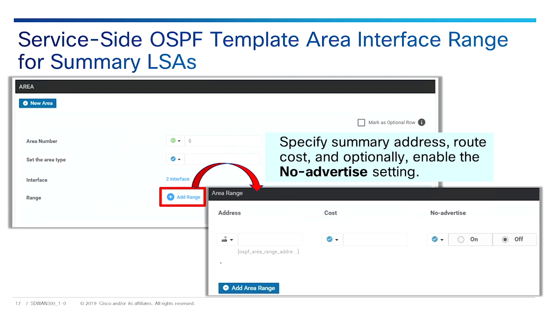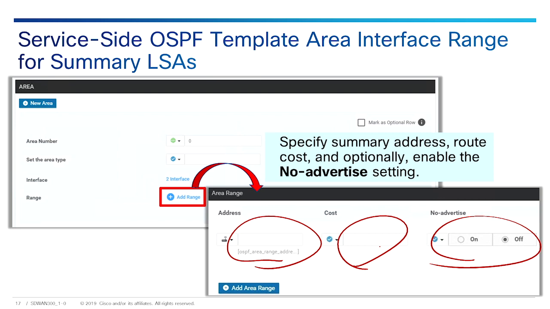When you hit add range, it'll bring it up here. You can enter your area range address, its cost, and you can also set it to no advertise. The whole thing is that we're setting up an OSPF route at an area boundary, so that only a single summary route is advertised, as opposed to all those child routes, to other areas on that area border router.